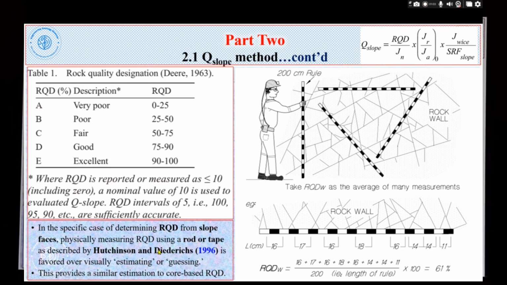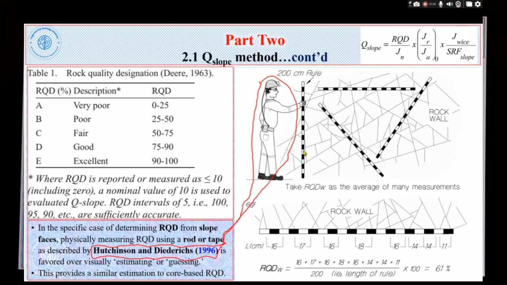1996 method. What you need on site is only a ruler, scaled rod, or a measuring tape of 2 meters long. You go to the excavated rock slope, put it on the slope, and measure the lengths of the intact rock between the discontinuities, and you record those lengths.